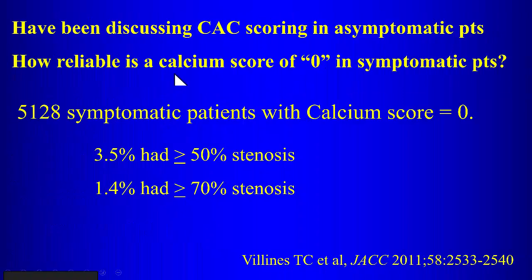All right? So again, so far we're talking about calcium scoring in asymptomatic patients. How reliable is a calcium score of 0 in a symptomatic patient? You have to be careful. In some studies that have been done, a small percentage of these patients will have underlying significant obstructive disease. Okay? So a calcium score of 0 in a symptomatic patient is not necessarily reliable.